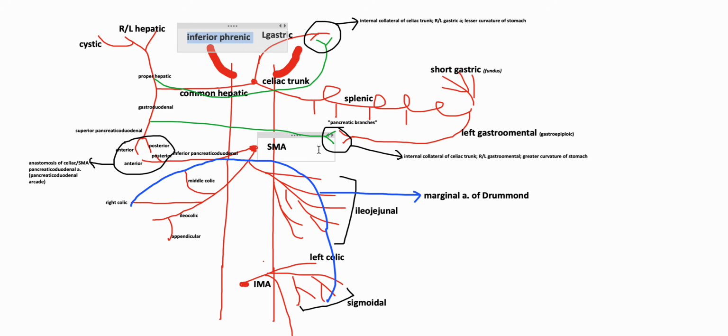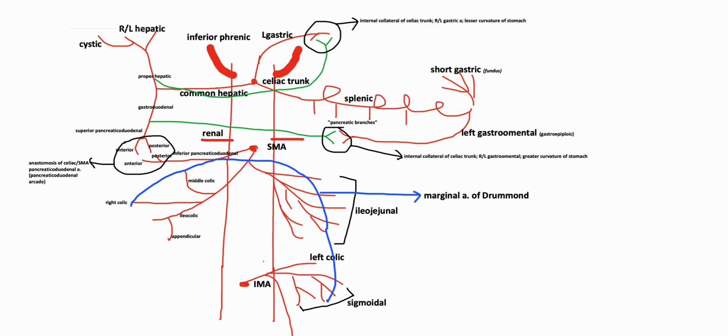shown over here. And then across to where the SMA comes off, we have branches going like so. And these are our renal arteries. And the renal arteries are, of course, going to the kidney. So below the renal arteries, we have what are called gonadal arteries.